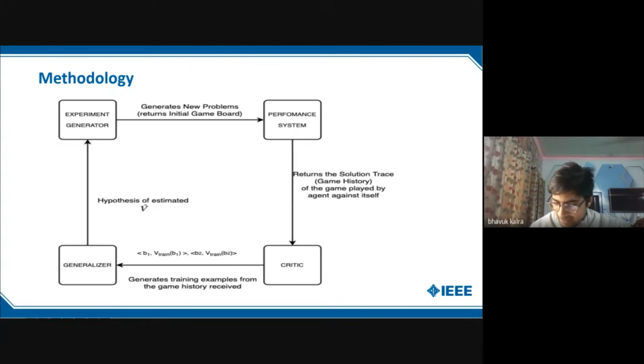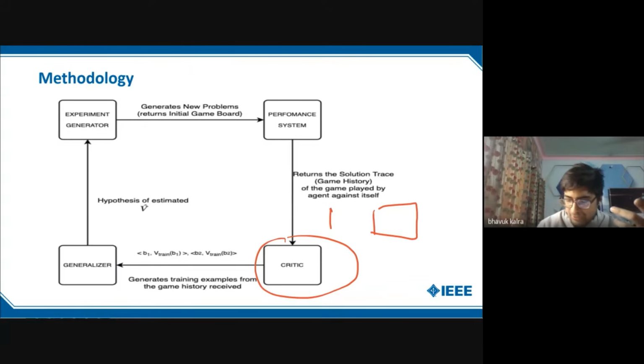The next is a critic. What a critic does is apply the feature vector values onto those board states. So now that you have a training example, this also gives me the opportunity to explain what a training example is. The games played against itself are represented in the form of training examples.